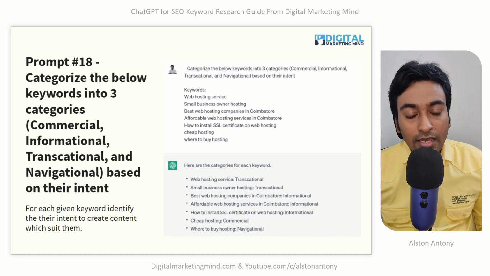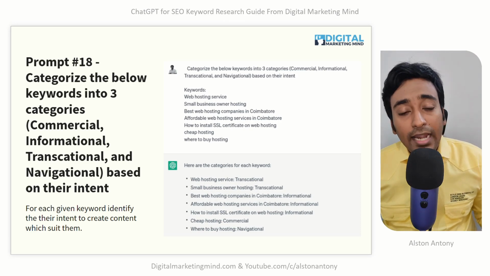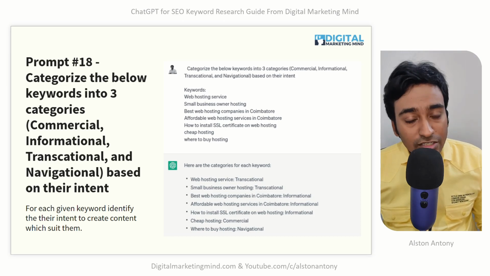Prompt 18 is categorize the below keywords into 3 categories: commercial, informational, transactional and navigational, actually 4 categories. So basically we can give a list of keywords to ChatGPT and it will organize those keywords into various different search intents.